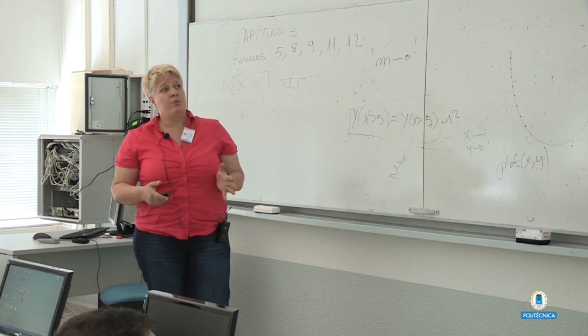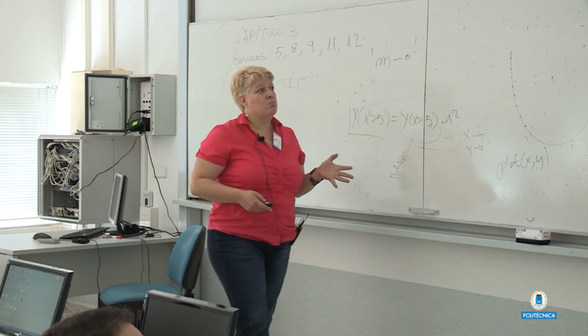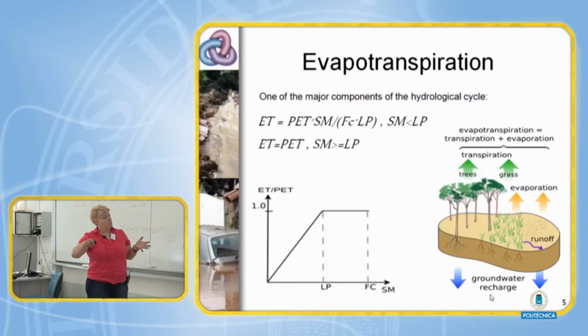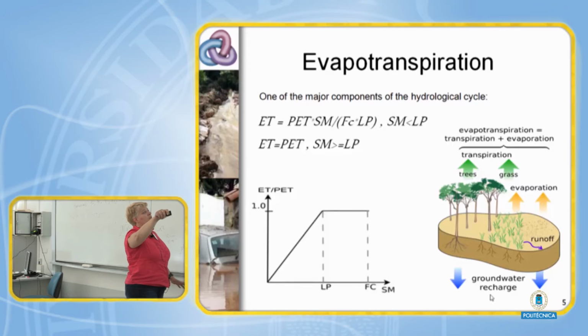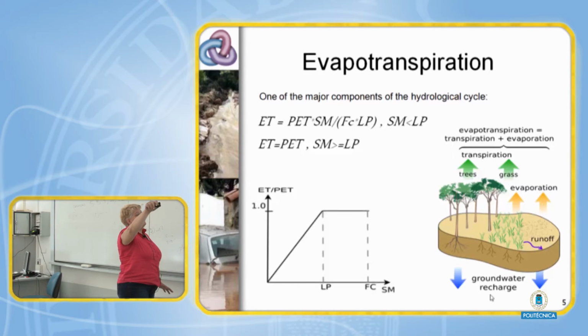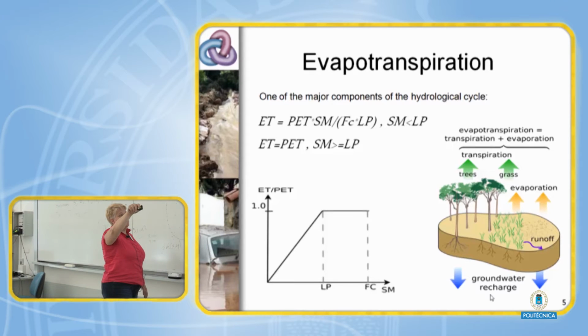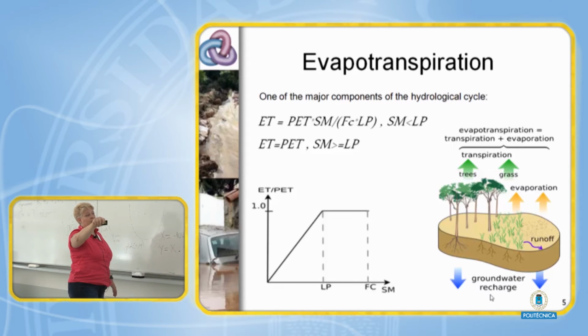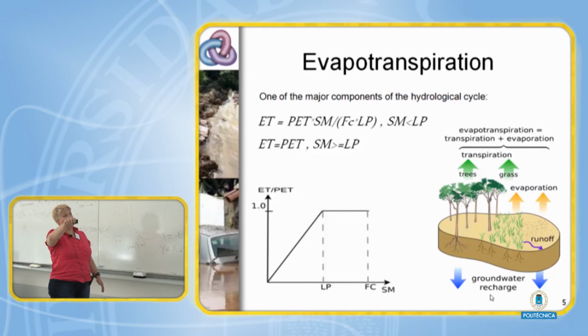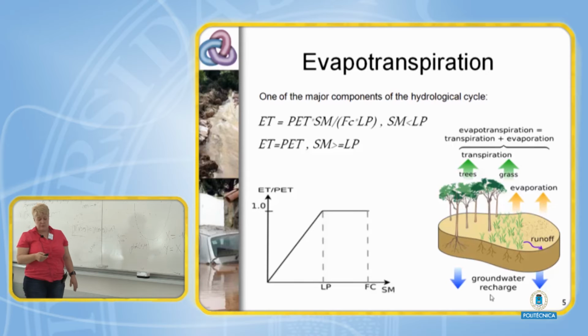Those two processes are modeled in this way: evapotranspiration increases as the soil moisture increases. But it will not increase indefinitely, so we set a limit, one predefined value, after which the evapotranspiration becomes equal to the potential evapotranspiration. This is a very simple but efficient method.